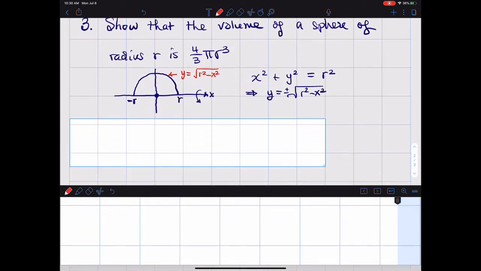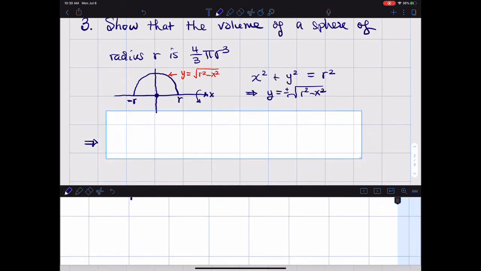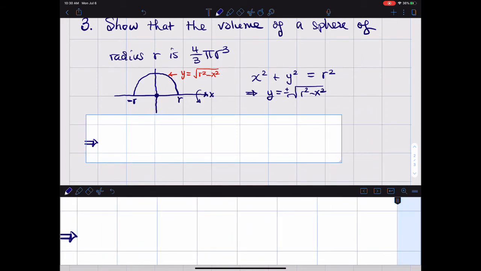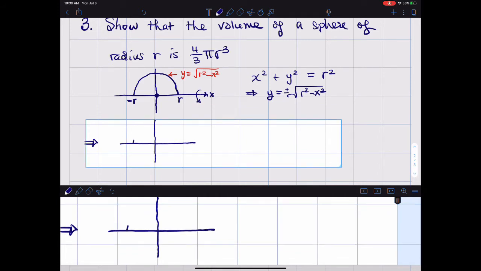So the next thing we do is we rotate about the x-axis. So if we do this, we rotate about the x-axis. We just get a circle that we're going to turn into a sphere.